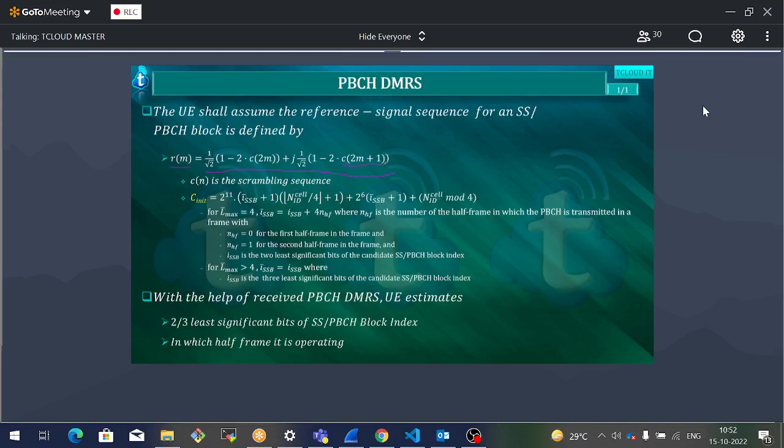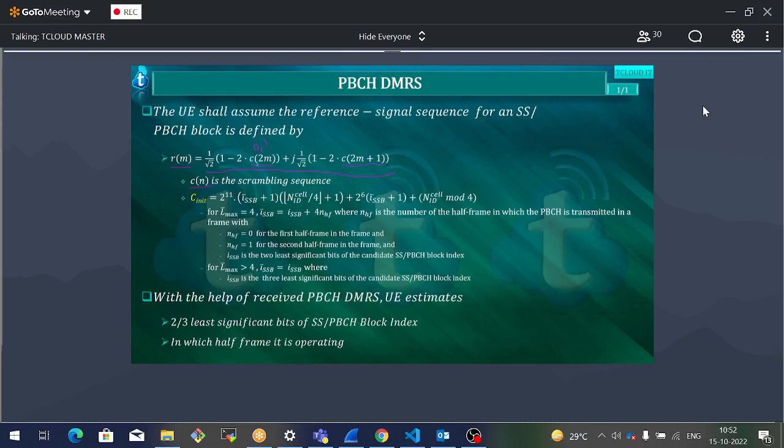Normally, C of 2m plus 1 or C of 2m, these are scrambling sequences. Whatever scrambling sequence value you get for C of n is going to be either 0 or 1, any scrambling bit. You are taking a scrambling bit present in the 2m position. You are taking a scrambling bit present in the 2m plus 1 symbol position.